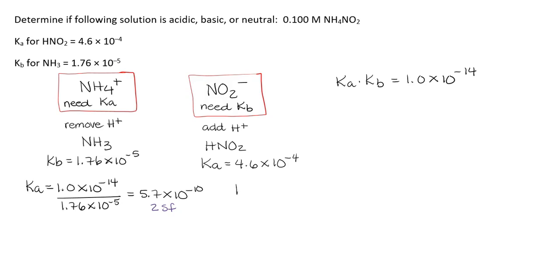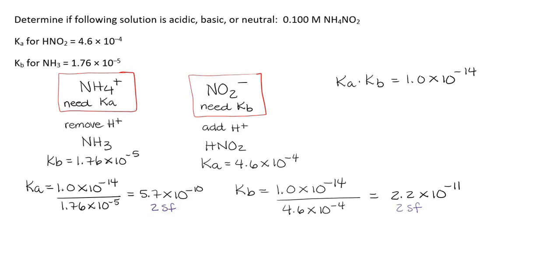For the anion, we need to calculate Kb, which will equal 1.0 times 10 to the negative 14 divided by 4.6 times 10 to the negative 4. Also, to 2 sig figs, the calculation gives us 2.2 times 10 to the negative 11.